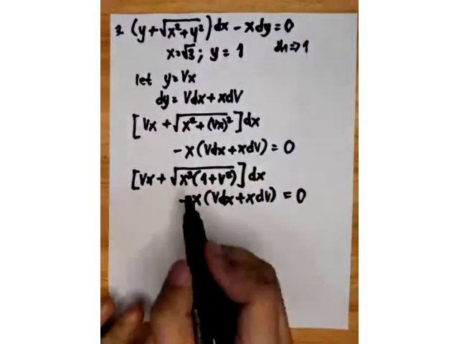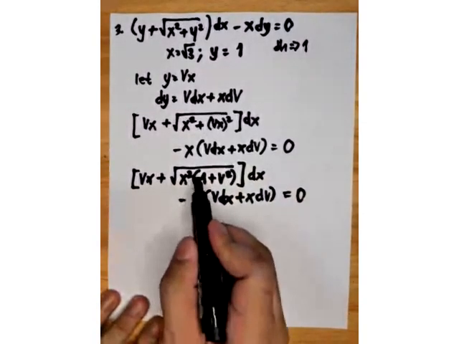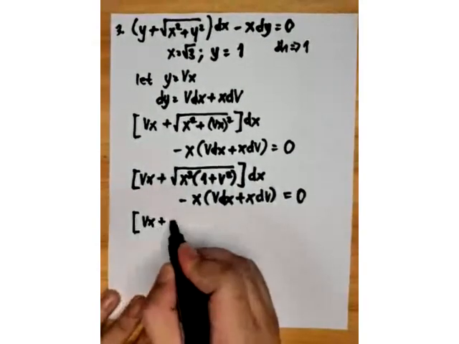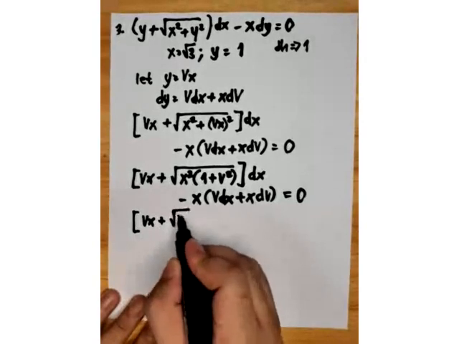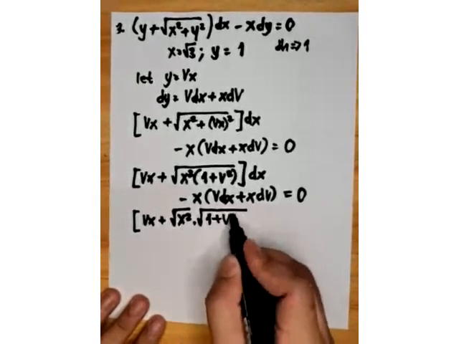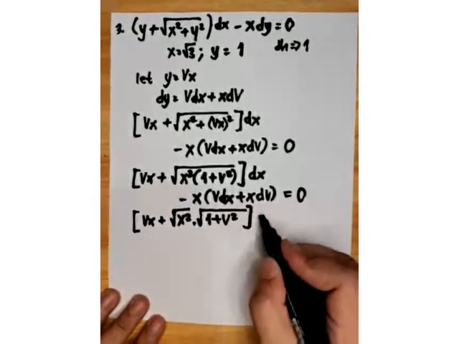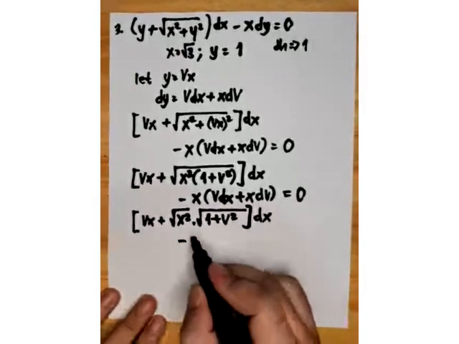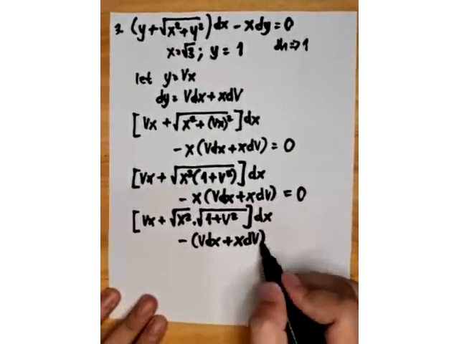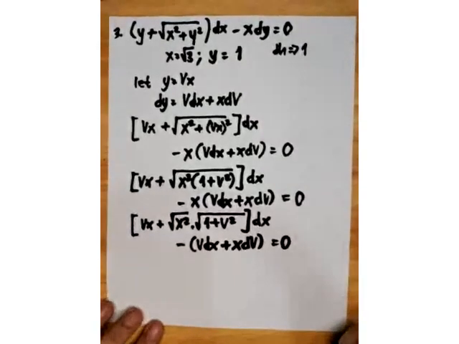Okay? And then let's distribute the square root here. So we'll have quantity vx plus the square root of x squared times the square root of 1 plus v squared dx minus v dx plus x dv is equal to 0.